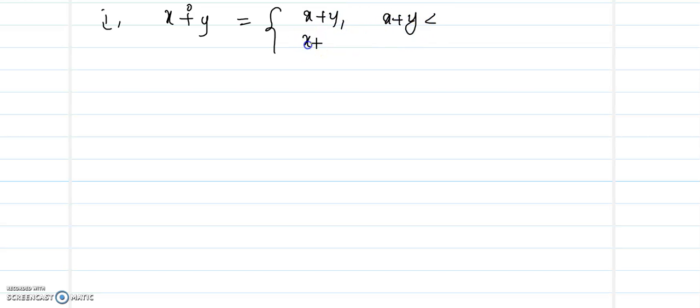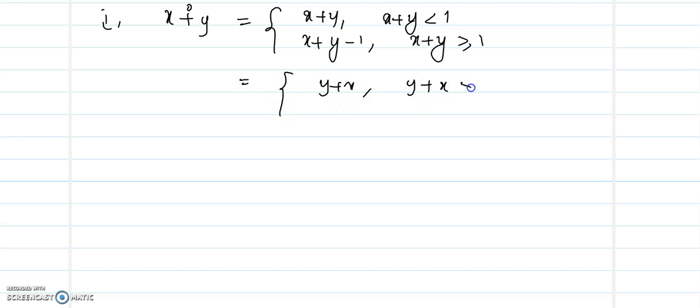So let us look at how this operation works. If you take x sum modulo y, that will be equal to x plus y when x plus y is less than 1, and x plus y minus 1 when x plus y is greater than or equal to 1. Now this can be written as y plus x, where y plus x is less than 1, and y plus x minus 1 when y plus x is greater than or equal to 1.